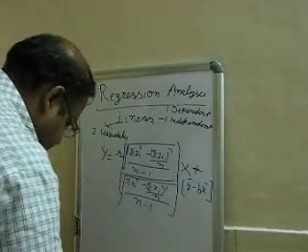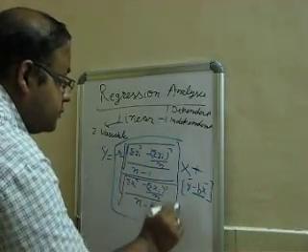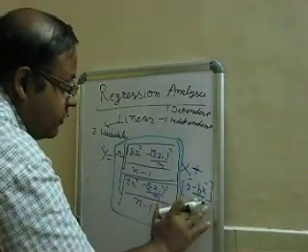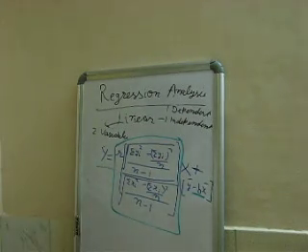So b is nothing but this whole value. Again you have to put this whole value in, and you can predict the value of y. This is how you do a linear regression analysis.